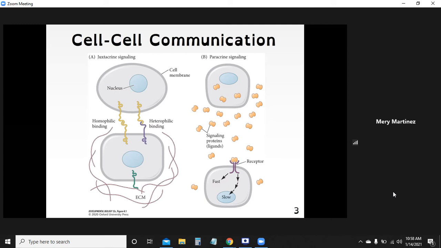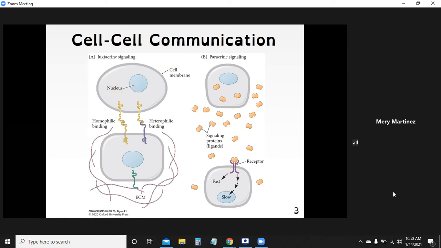This molecular communication is made through highly diverse and specific protein-protein interactions, as we see in the figure. Remember that I said juxtacrine signaling? For juxtacrine signaling, the cells have to be in direct contact. This is what we have here in A, the juxtacrine signaling.